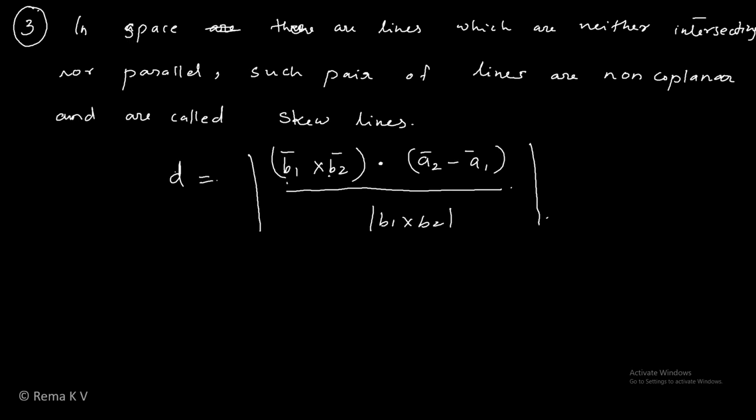So here it is b1 cross b2 dot a2 minus a1 divided by modulus of b1 cross b2. Derivation is not required here.